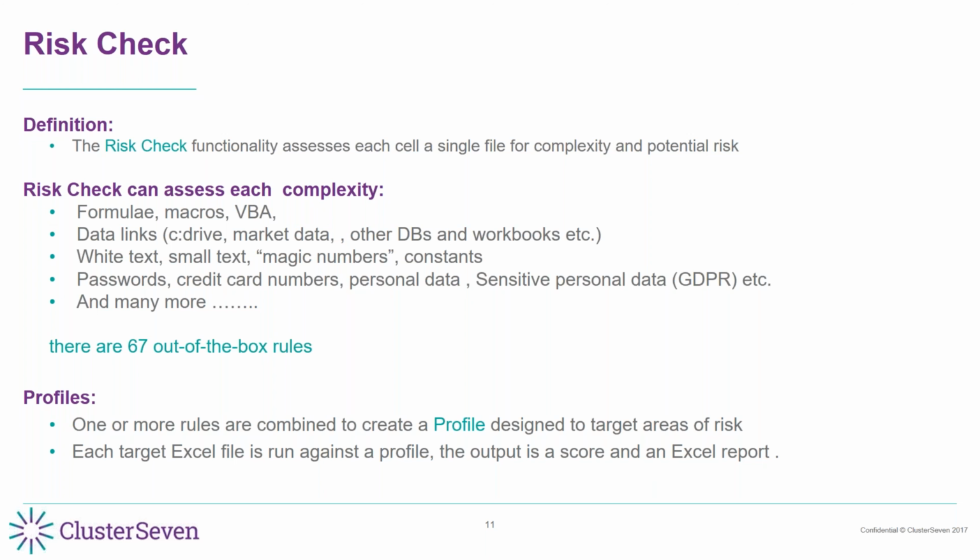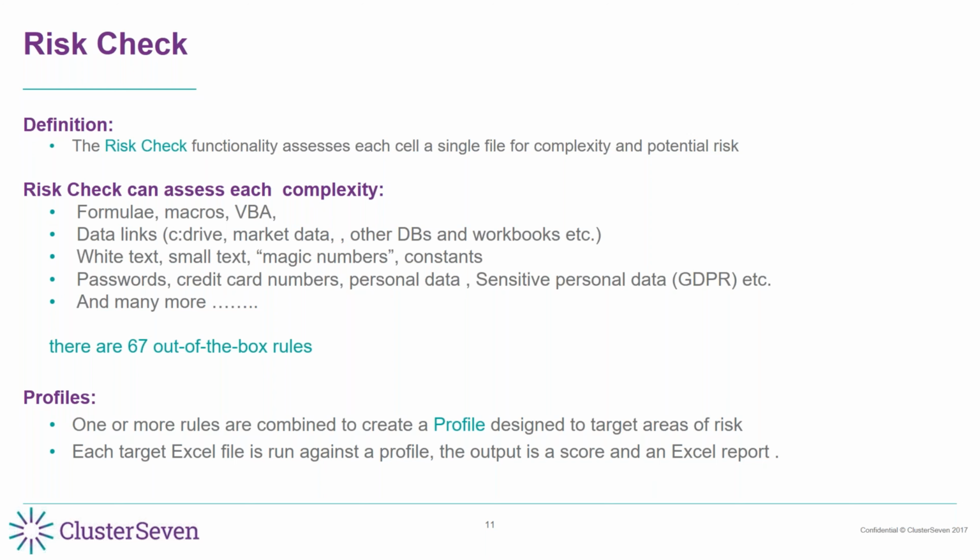In addition to that, we can find curious things like passwords, credit card numbers, personal data, and that's very useful in the context of GDPR. For example, a credit card number we know is a 16-digit number described in a number of formats, and we can find that within the workbook, even in areas such as hidden data sheets. So a risk check is one of these checks.